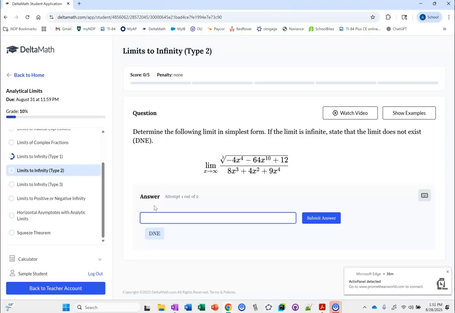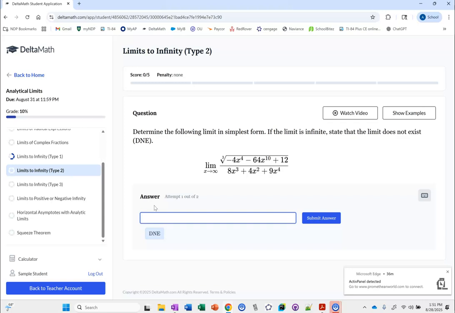So if I look at the numerator, there's a cube root, but I'll deal with that in a second. Under the cube root, what's the fastest growing thing? X to the 10. The cube root of x to the 10 has degree 10 over 3, or 3 1/3, because the radical is the same thing as dividing the exponent.